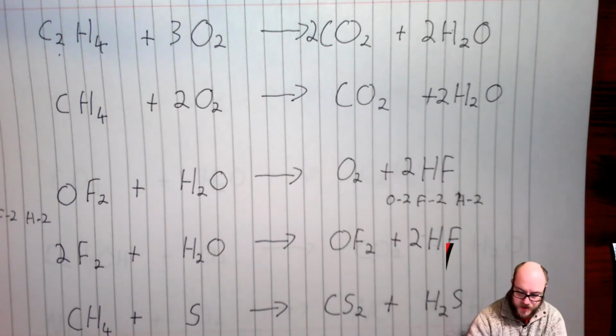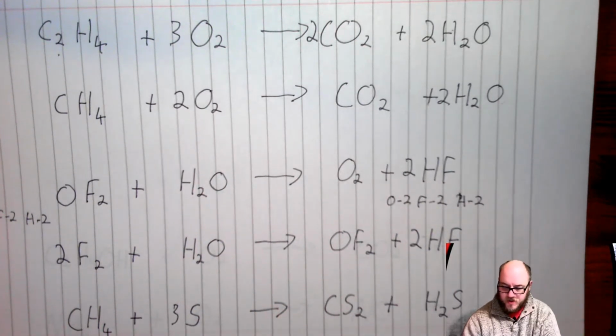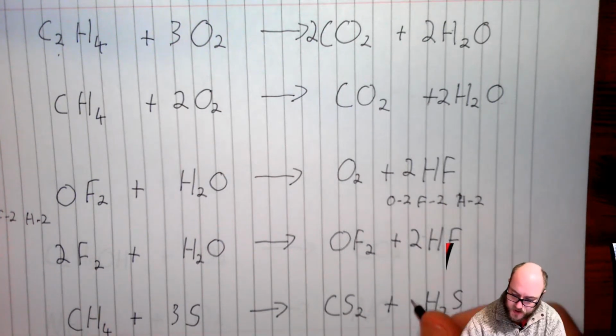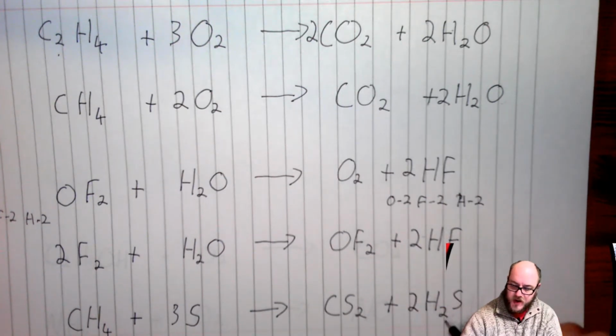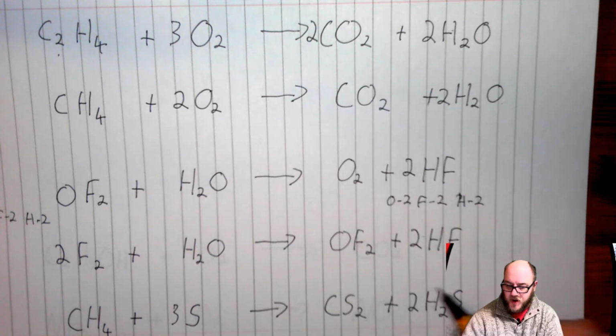So I need at least 3 of those, and I've got 1 carbon, that's fine, quite happy with that, and I've got 4 hydrogens, but I've only got 2 here. Right, so if I say I need 2 of those, now I've got 4 hydrogens. Hooray! But wait a minute, if I've got 2 times 2 hydrogens, I've now got 2 sulfurs, so now I've got 4 sulfur atoms.